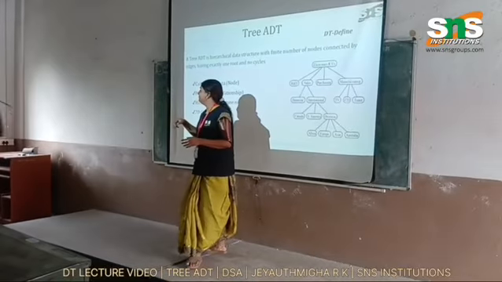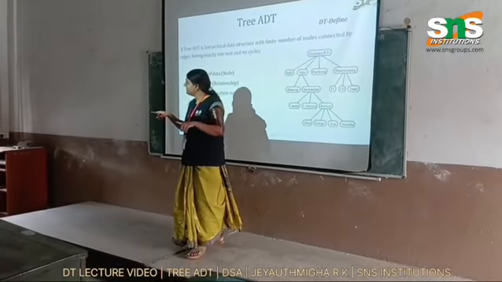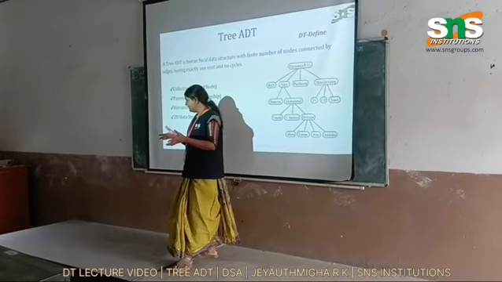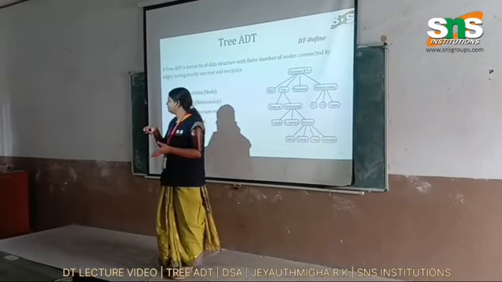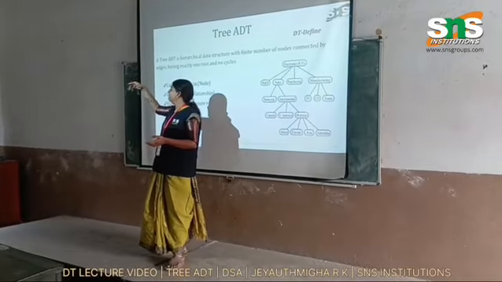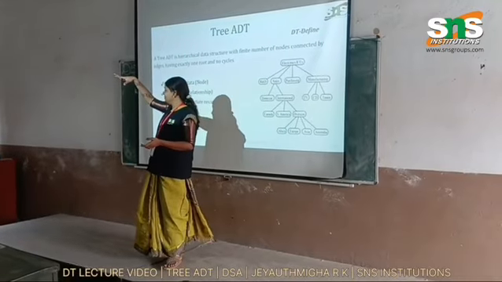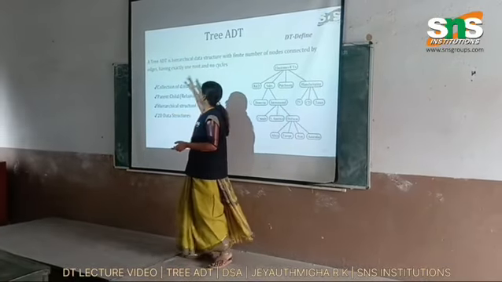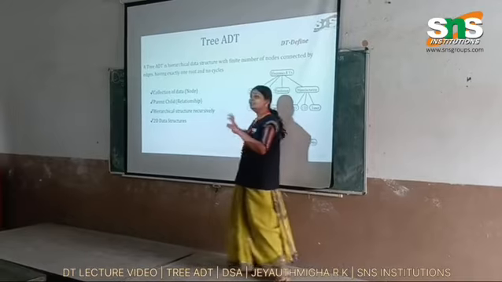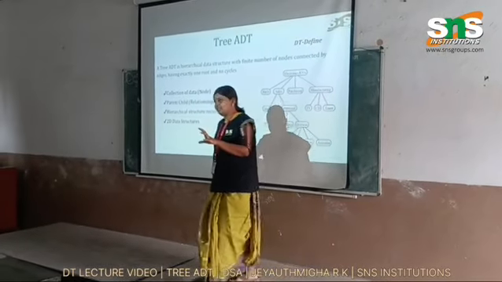If you open the database, it only shows the details in the table in a user-friendly manner, only the relevant ones. It's not showing you how it is stored. Yes or no? So, the tree is a hierarchical data structure with a finite number of nodes.